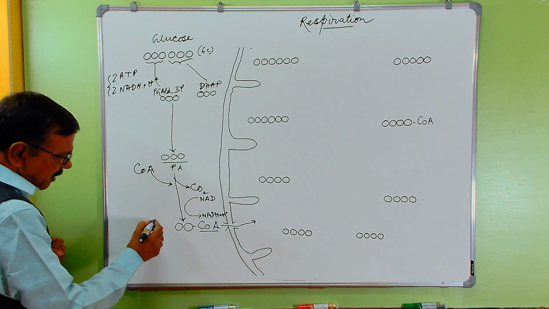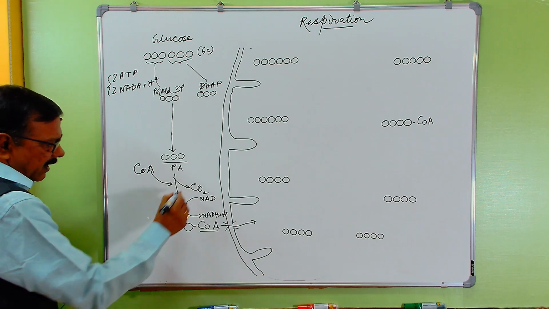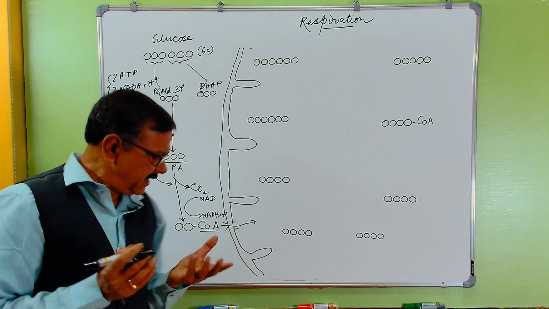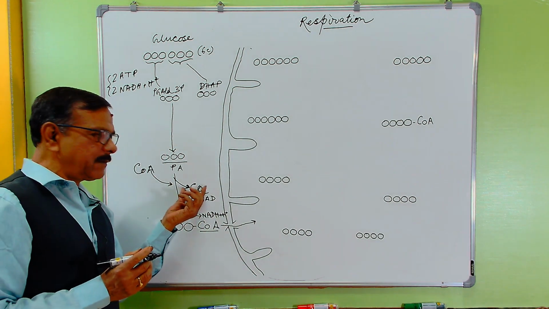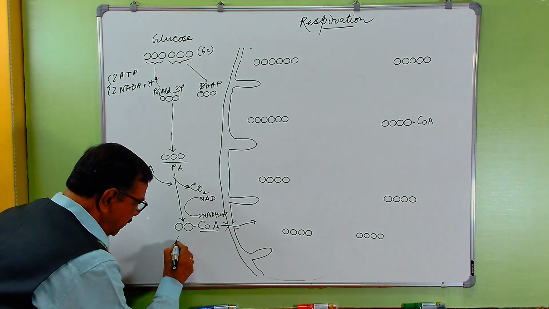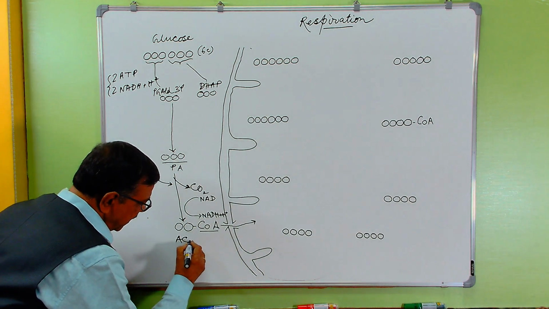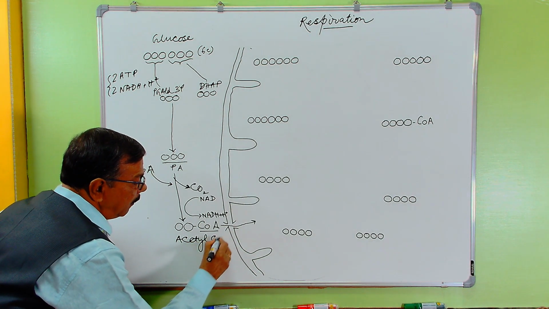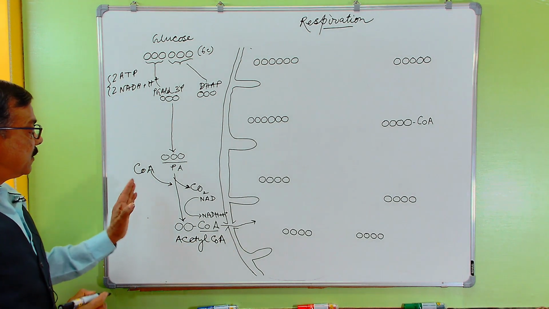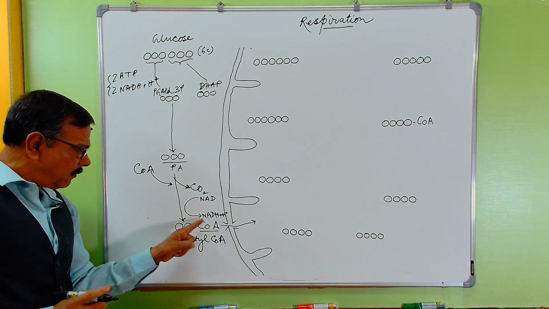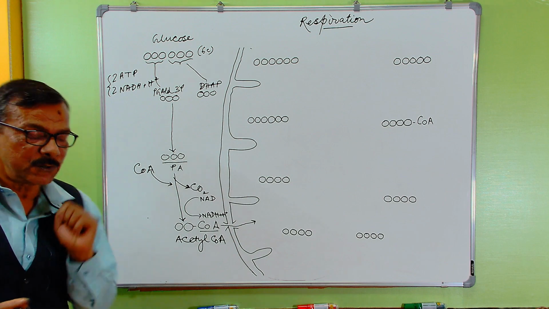So this is a case of oxidation and this is decarboxylation. So somebody may say that oxidative decarboxylation of pyruvic acid produces acetyl coenzyme, known as acetyl CoA. So this is dehydrogenation. In fact, here one NADH2 is produced.